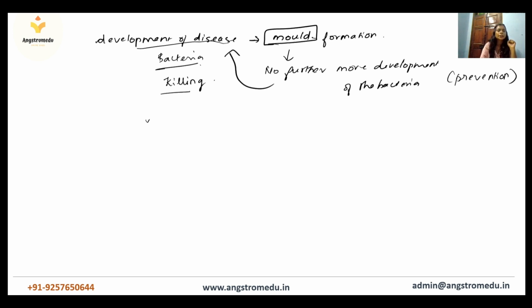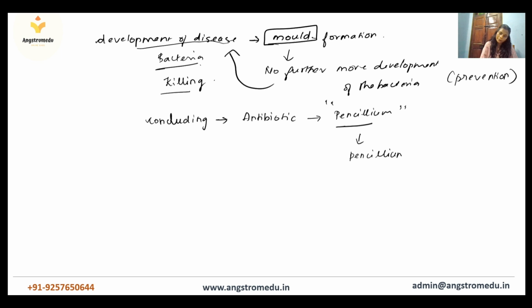So what he concluded is that there is a development of an antibiotic, and he considered penicillium. The first discovered antibiotic is penicillium. It is developed from Penicillium notatum.